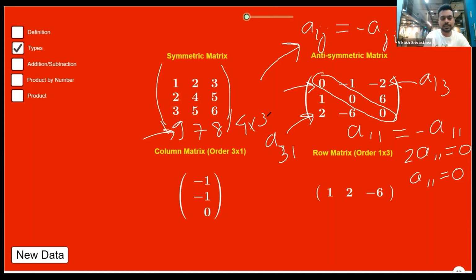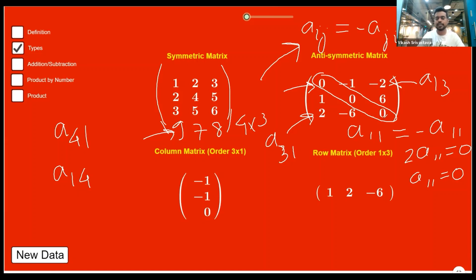So this element 9 is essentially A41. But what about A14? Does this element exist in this case? You can mention it over the chat. A14 is the element sitting in the first row but the fourth column, so it does not exist.